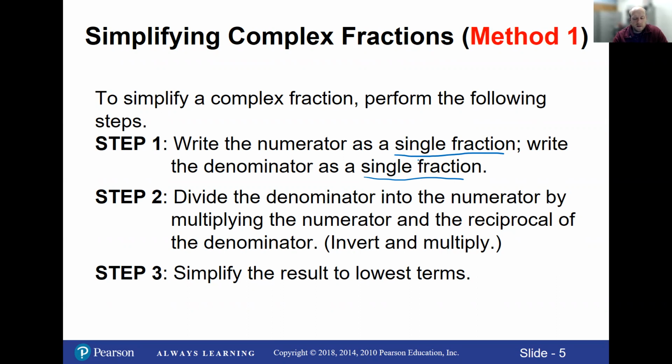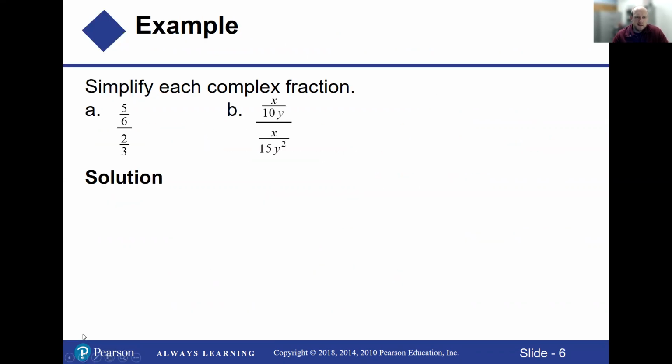And we'll see that here in one of our examples. And then we're going to divide the numerator into the denominator by multiplying the numerator and the reciprocal of the denominator. So again, keep it, change it, flip it, basically. And then we're going to simplify the result into lowest terms. So let's see what this looks like here with some complex fractions.